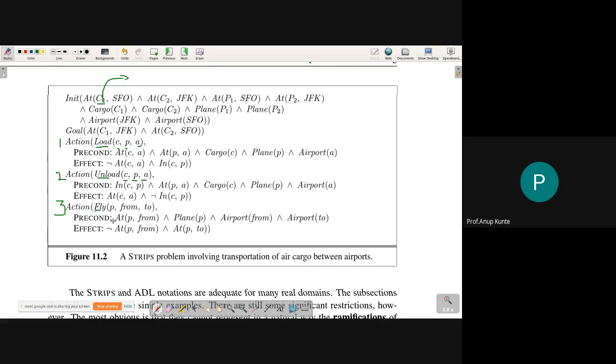There are small case letters c, p, a, and p from, to. We have already learned about the action Fly(p, from, to). This is exactly the same action. We generate the delete list and add list in the effect. The effect can also have variables, the precondition can also have variables, and the action name can also have variables.